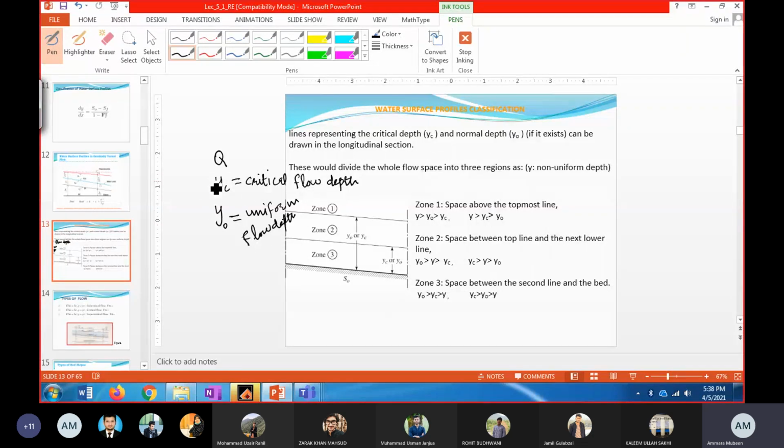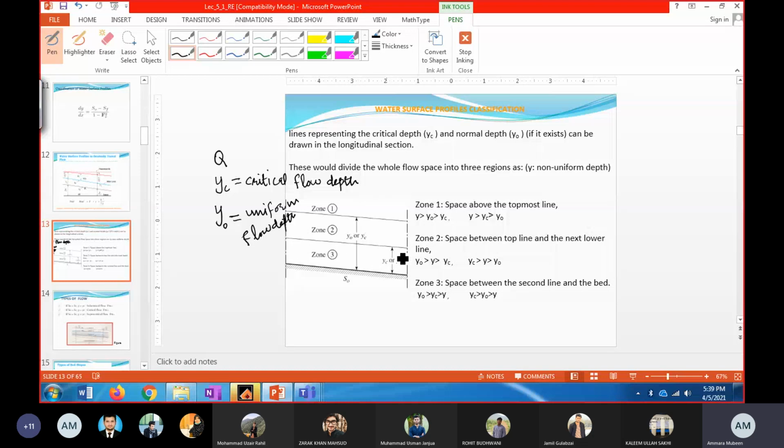Sometimes this Yc is greater than Y naught, and sometimes it is less than Y naught. So using the knowledge of the depths, you would be able to draw these lines.